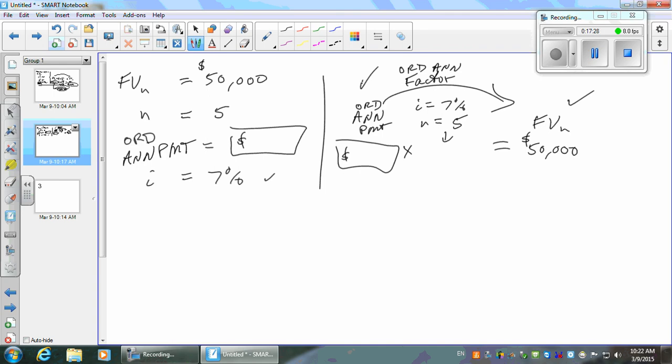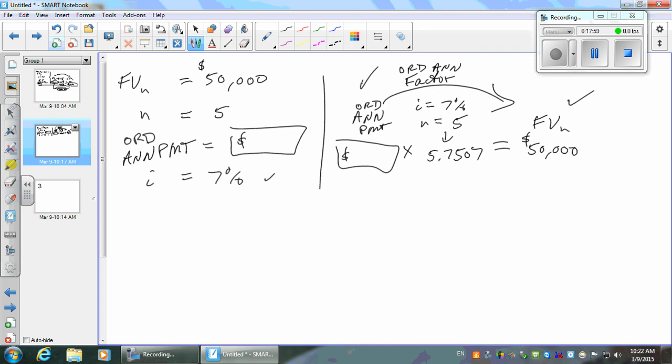All right, so let's go. What do you get for 5 periods, 7%? What's that factor? 5.7507. What grows to $5.75? A $1 deposit at the end of the first period, plus $1 at the end of the second, plus $1 at the end of the third, $1 at the end of the fourth, and $1 at the end of the fifth.